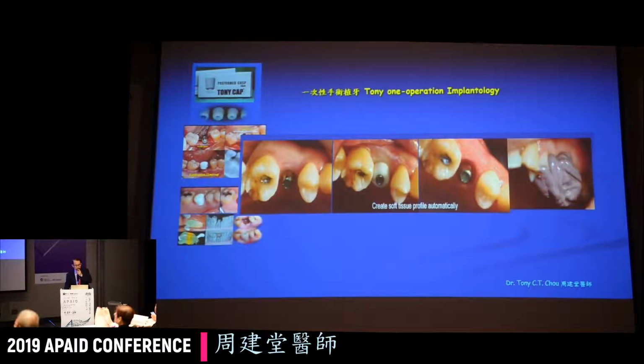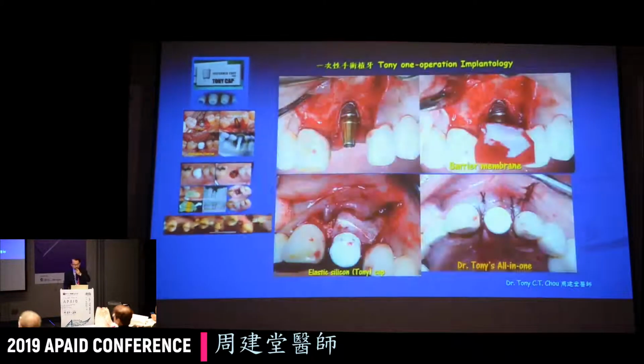And this is the other case before impression, like this situation, and we also put a Tony Cap, and after 2 days later we got an opened soft tissue profile there. And this makes the final impression easy and simple.